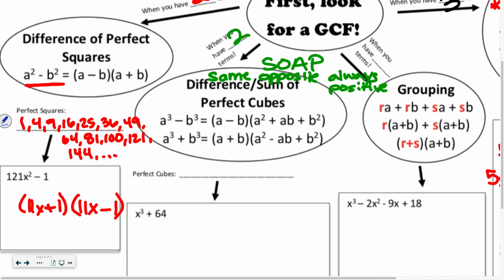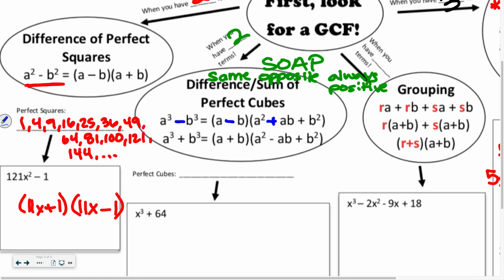If I'm doing a difference of perfect cubes, A cubed minus B cubed, then in the first group of parentheses where I have that binomial with A and B, I have the same sign. So this was a difference. This is also a difference. The next sign in between the A squared and the AB is opposite. So because it was a difference, now it's a plus sign.